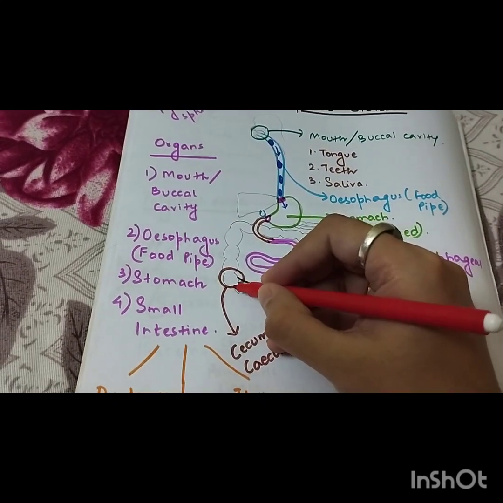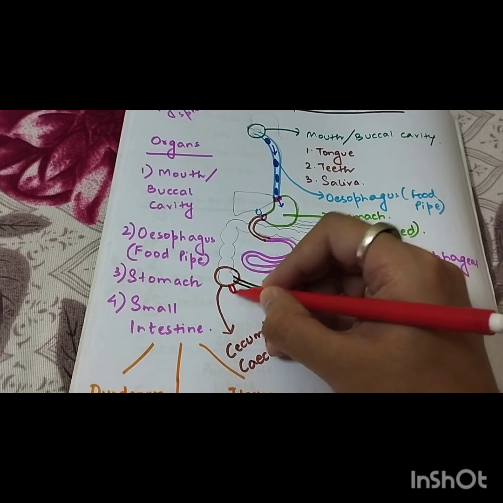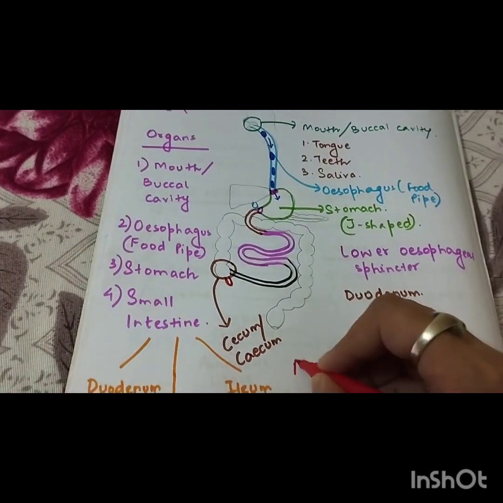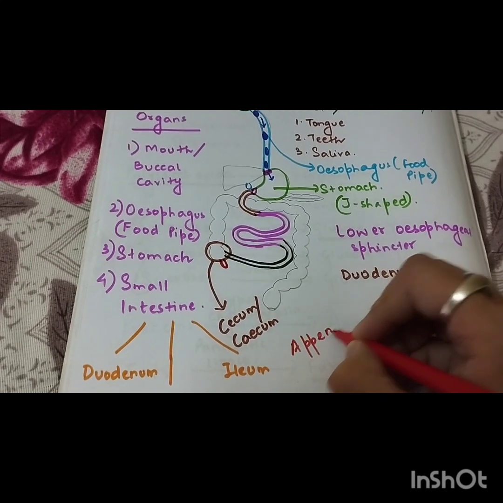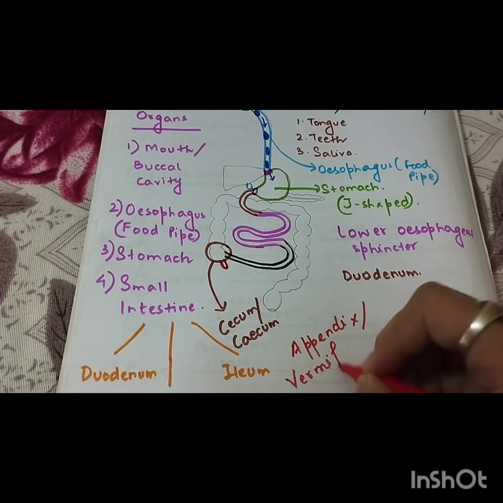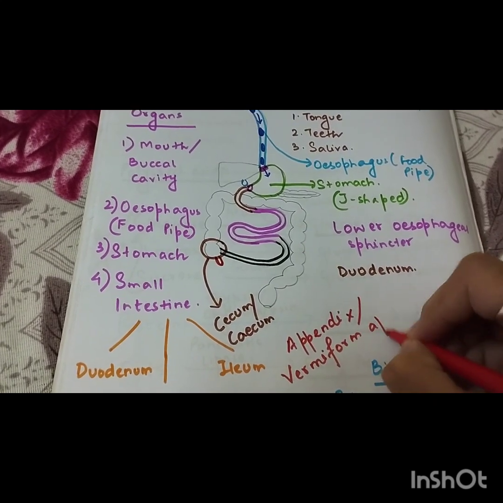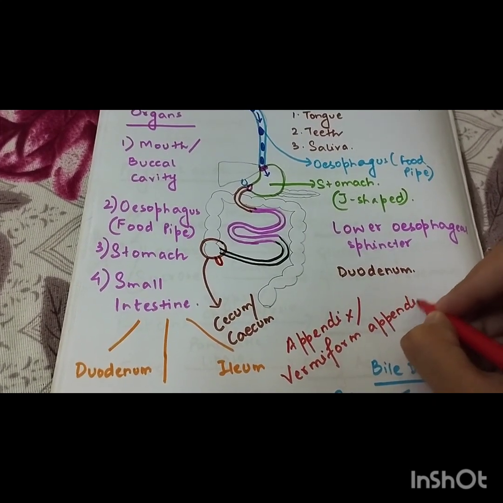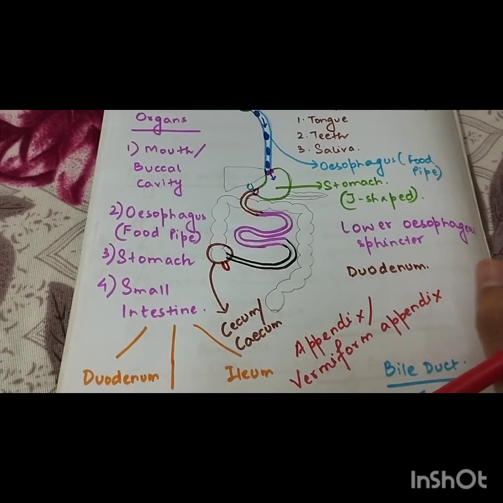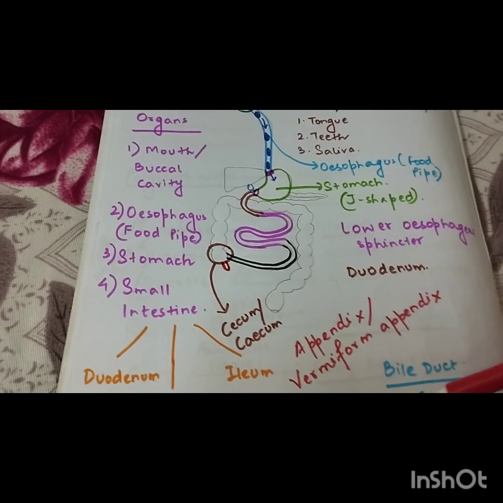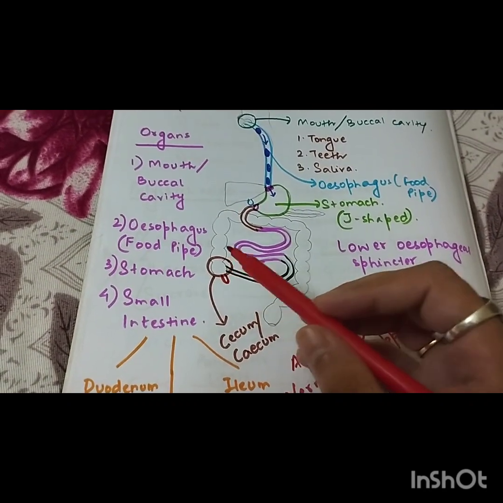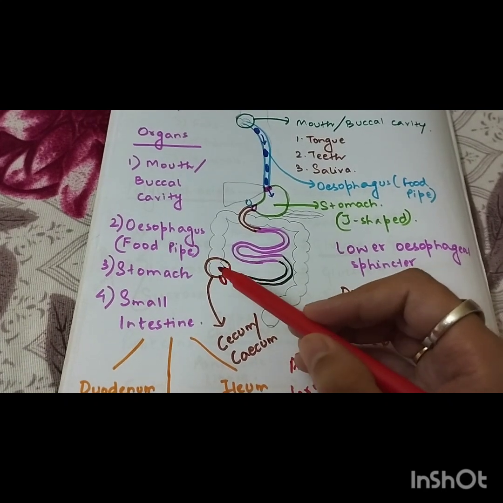And this structure, which is a finger-like projection which projects out from the large intestine, is known as the appendix, or vermiform appendix. Now, appendix is a rudimentary or vestigial organ in human beings. It means the structure of the appendix is present in the human body, but it does not have any functions.